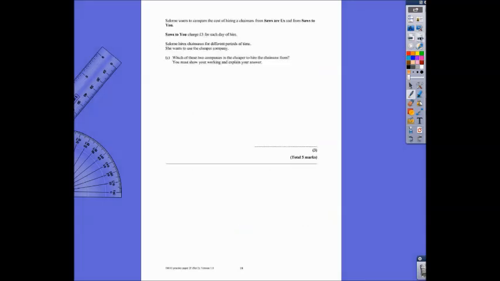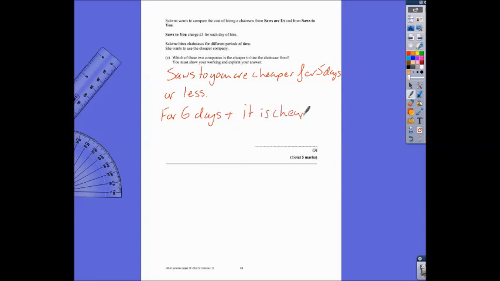So what you need to be writing is Saws to You, the second company, are cheaper for 5 days or less. For 6 days plus, it is cheaper from Saws or Us. So use the graph as you're working out there, really, really important, and be as accurate as you possibly can.